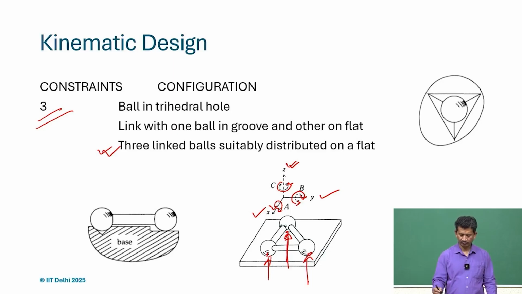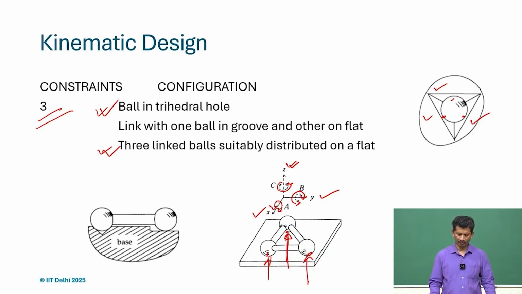Similarly, we can also define a ball in trihedral hole, where three surfaces we define by using a tetrahedron structure. So, tetrahedron hole. Some manifestation of similar design we can use, but again here we have three contacts on the surfaces and we get again 3 constraints here.